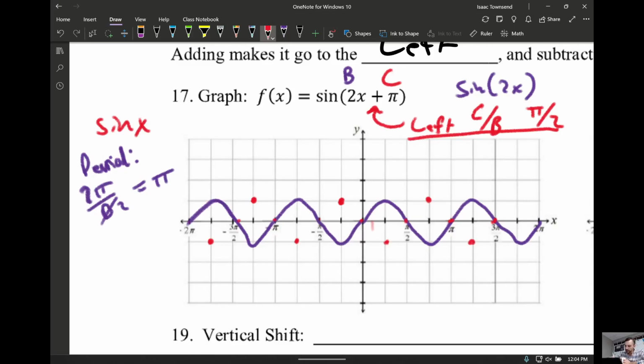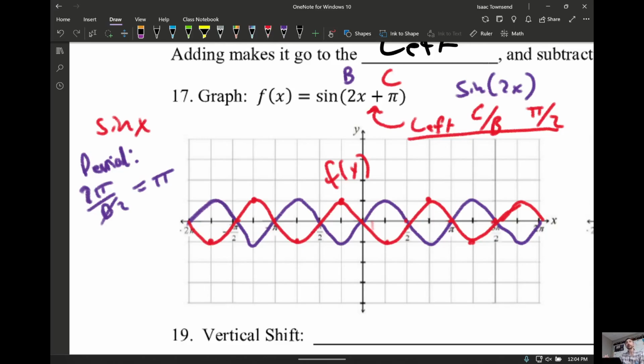And then when I reconnect these, the difference between my purple graph, which was just sine of 2x, and my red graph, which is supposed to be f of x, is that the whole graph got shifted left 2 blocks, which was left pi over 2.